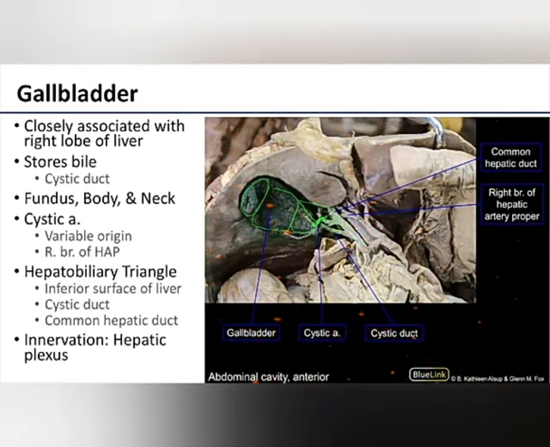And so we can see that that cystic artery, regardless of its vessel of origination, is going to traverse that hepatobiliary triangle. In terms of its innervation, the gallbladder is innervated by the hepatic plexus.